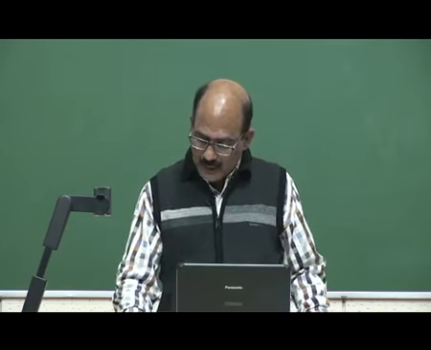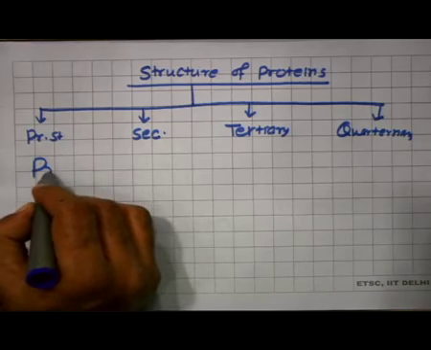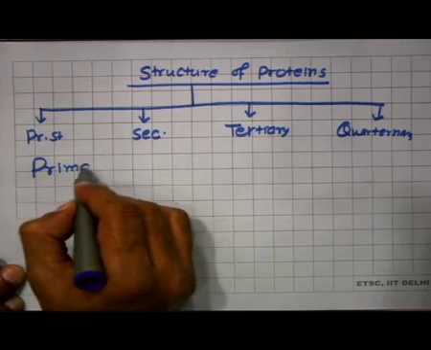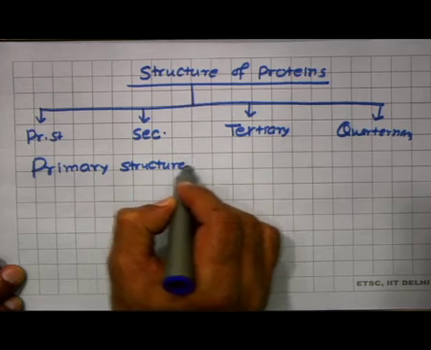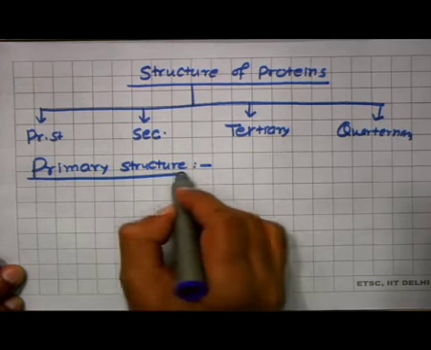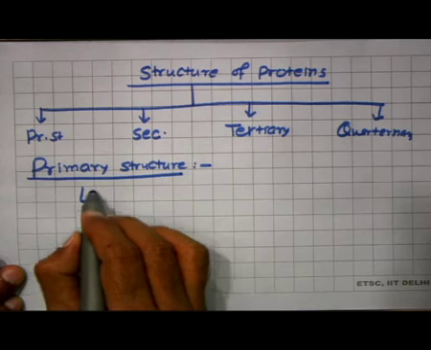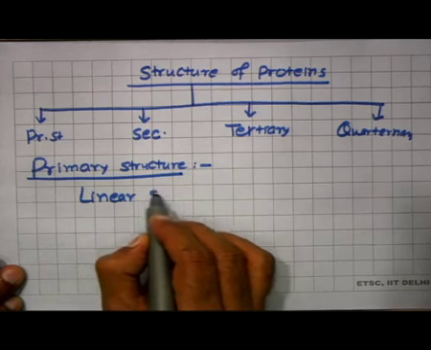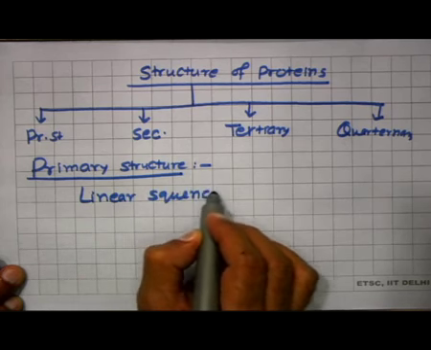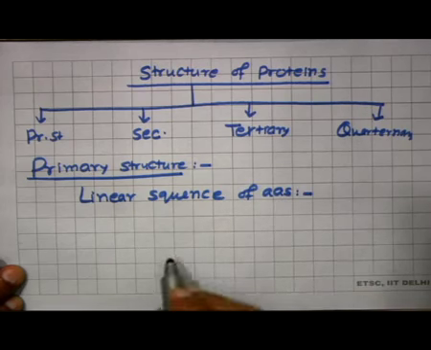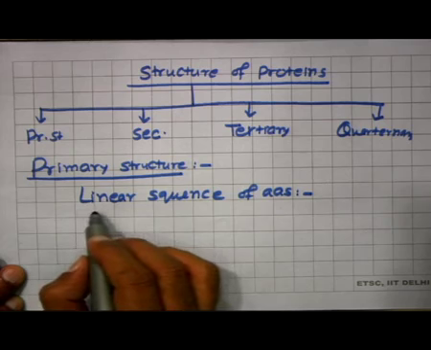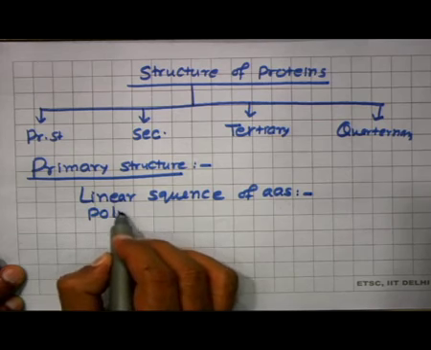In the primary structure of protein, there is a linear sequence of amino acids, that means they form a polypeptide chain.